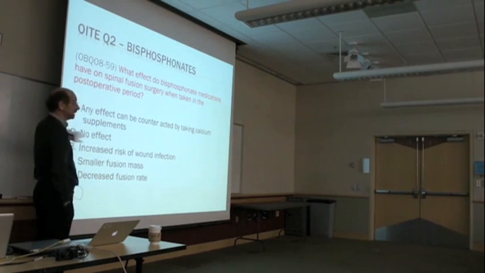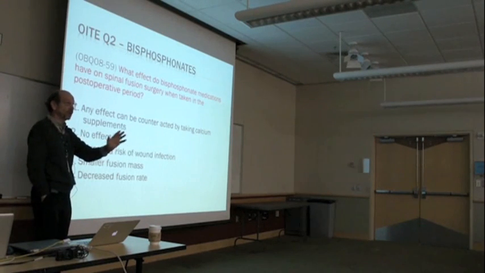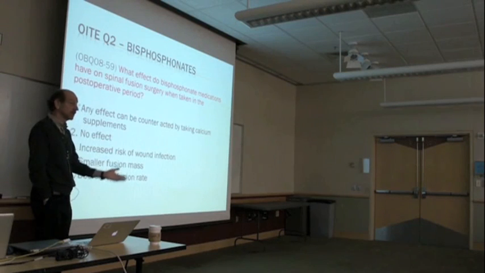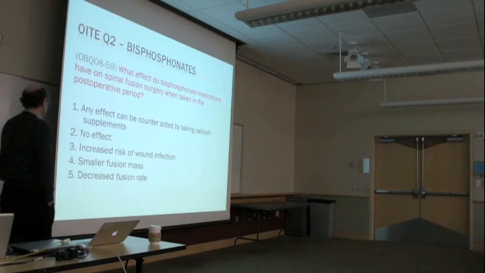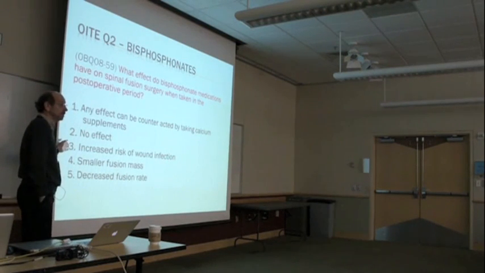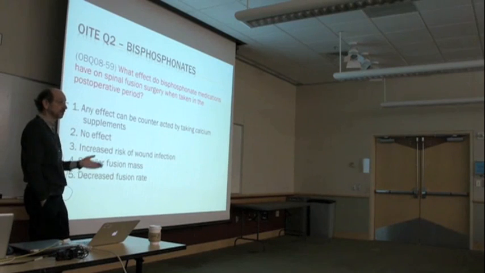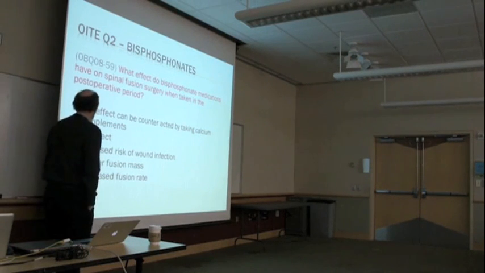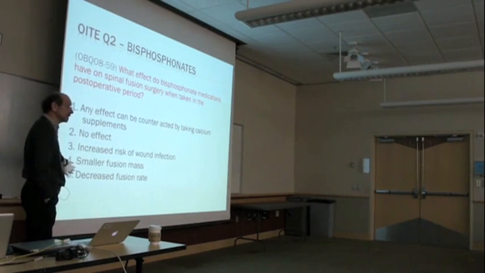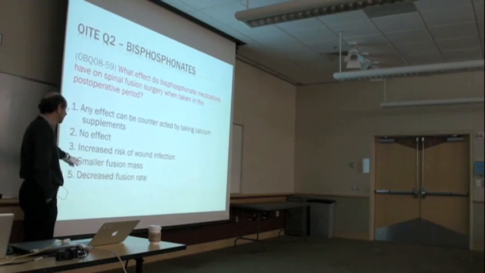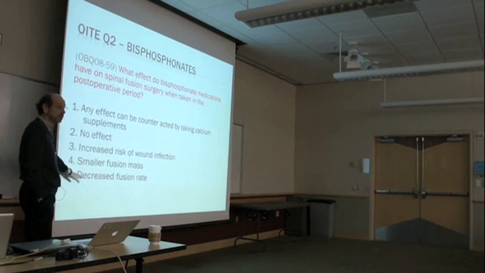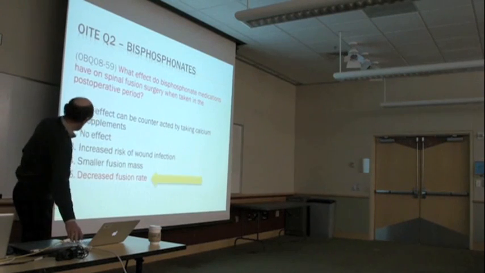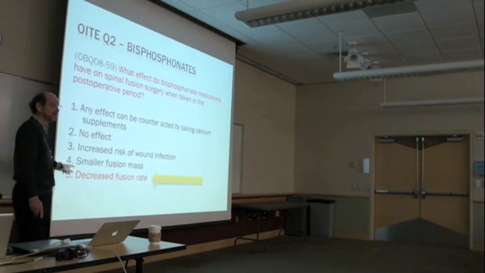That it would have no effect is also very unlikely because we know that bisphosphonates are critical in inhibiting bone turnover. This one's totally unlikely because bisphosphonates have no known antibacterial effect, and so it does come down to these two. And this one's a bit paradoxical because you'd think that if there is a decreased fusion rate, which is the right answer, you'd think also that there'd be a decreased fusion mass.